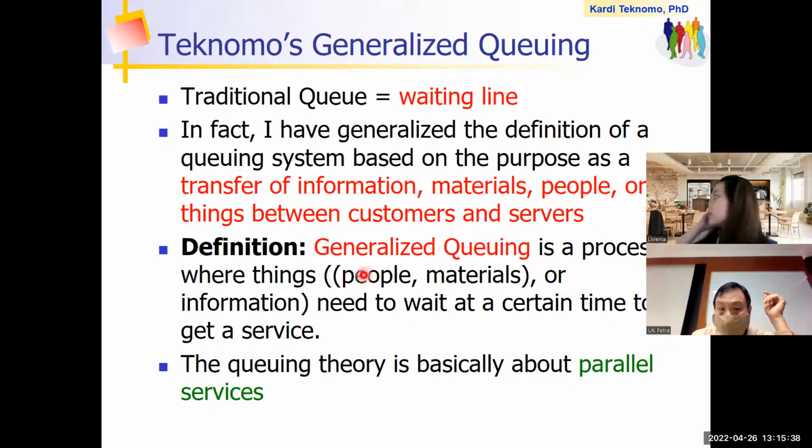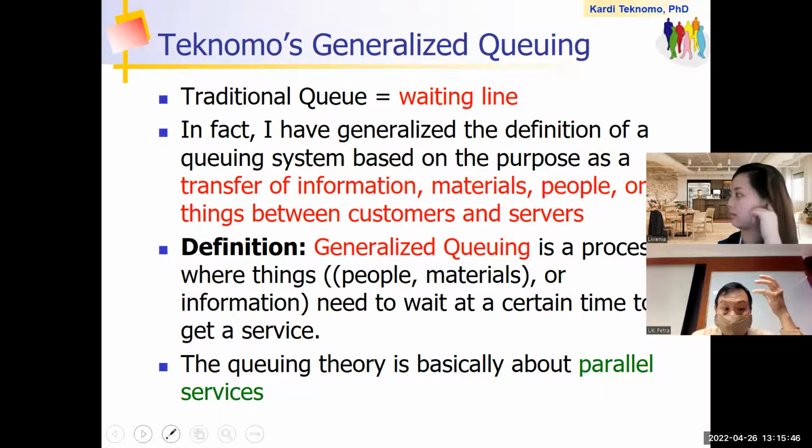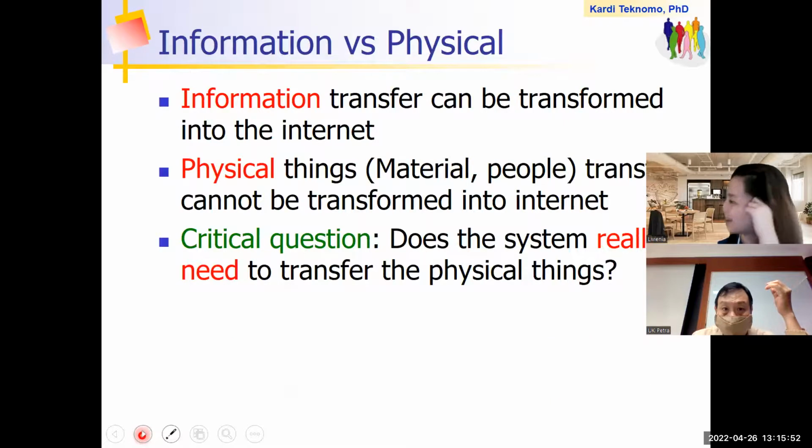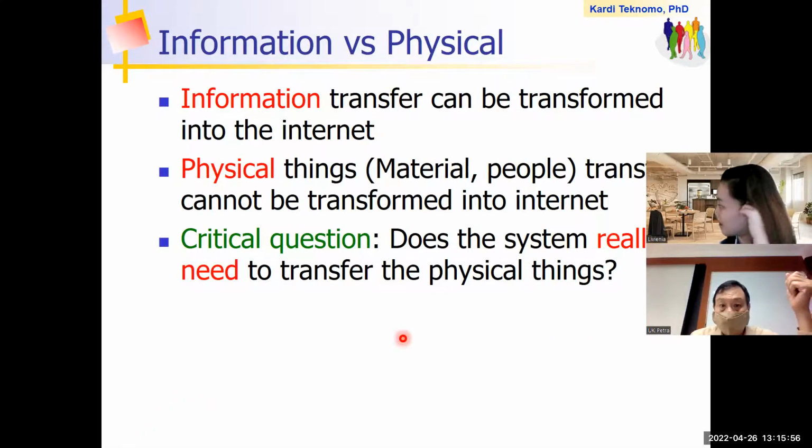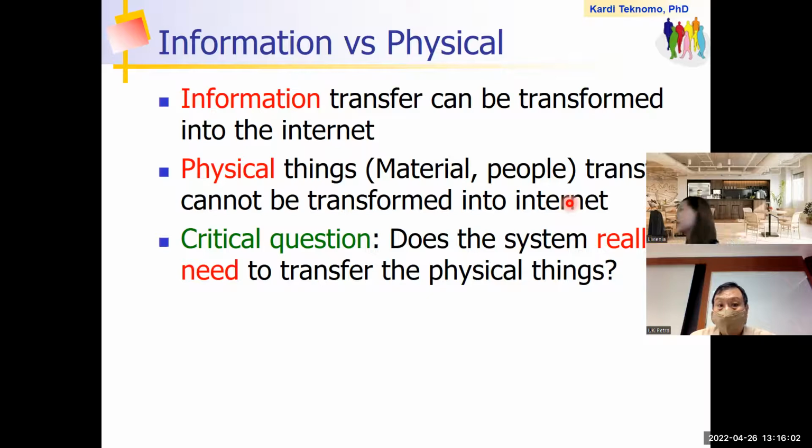Those things can be physical things, which is people or material, or information. Once you start to separate between physical things and information, then you can start to create a better queuing. Why? Because physical things cannot be transferred through the internet, right?